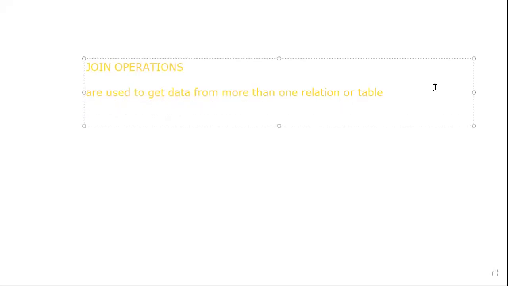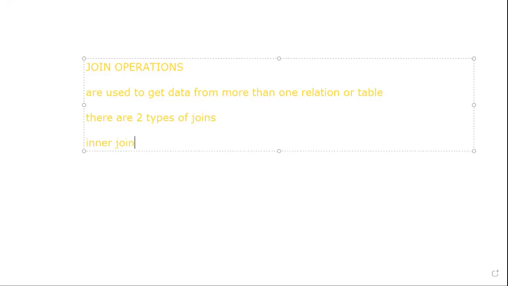Join means joining. So what are the types of joins? There are two types of joins, inner joins and outer joins. Let us see a few things about the outer join now.